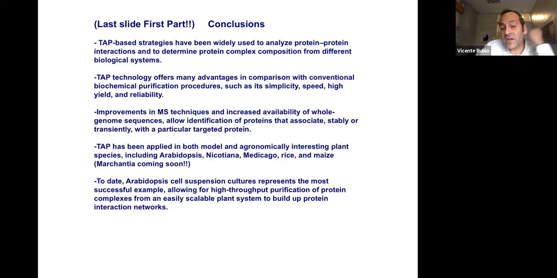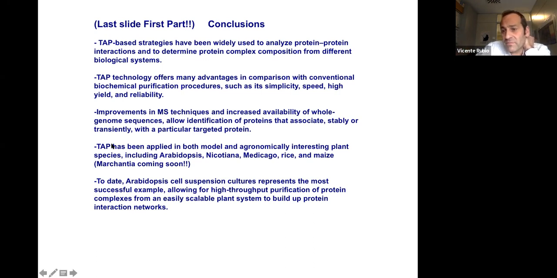Particularly when we use Arabidopsis suspension cultures, it is really high throughput, but it can be used also in other plant systems. It has been applied also to Nicotiana, Medicago, rice, maize, and we are now setting up the system in Marchantia. Using the system, you can purify proteins that stably or transiently associate with your protein complex.